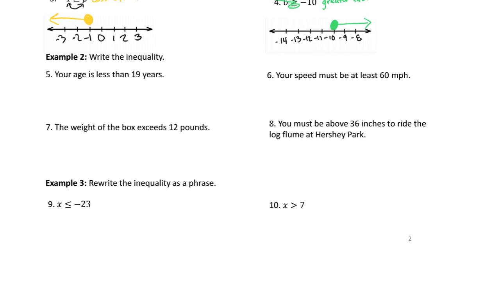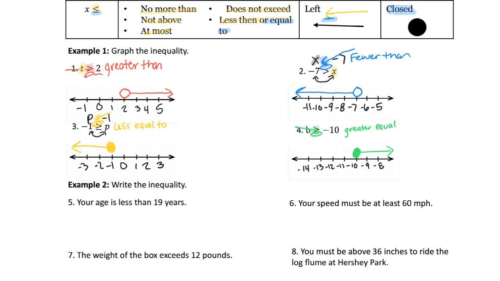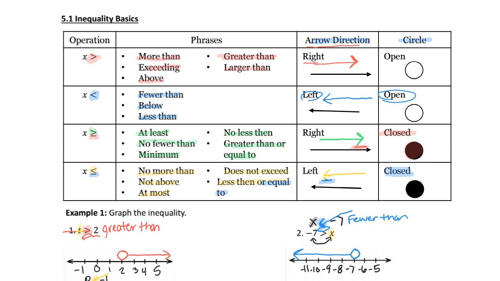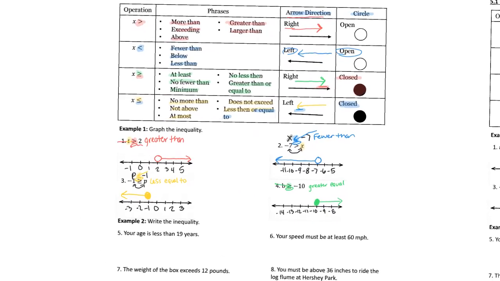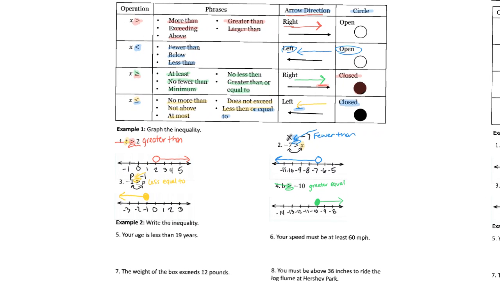Write the inequality. So what's important here is we want to use these phrases to help us figure out the answers down here. So now we're going to look specifically at the phrases. So this says our age is less than 19 years old.